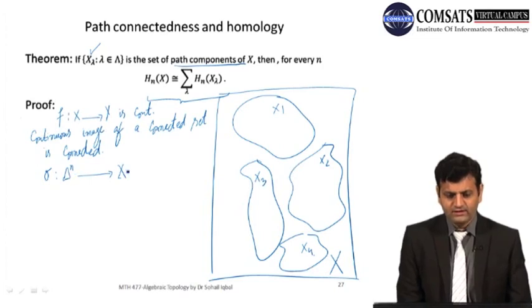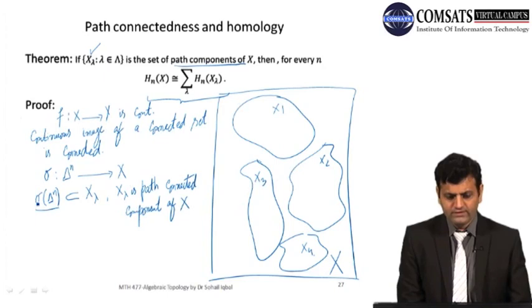So sigma of delta n must be contained in x lambda, where x lambda is a path connected component of X, because the image is connected. So that's why it is true.